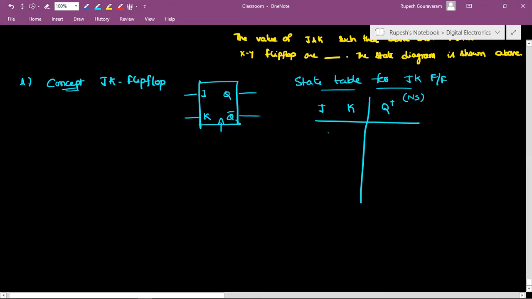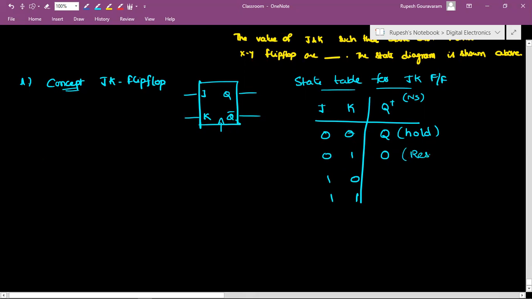The four possibilities are 00, 01, 10 and 11. So if J and K are 0 and 0, then the same value remains. This is known as hold mode. If it is 0 and 1, then the output will be 0 in the next state.